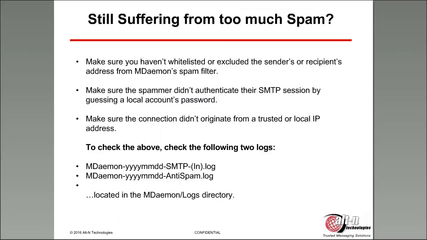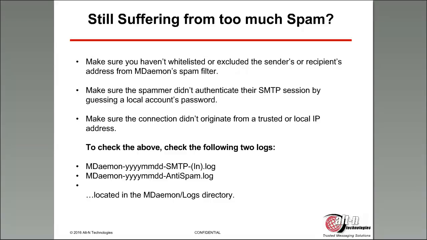And if after making the recommendations in this presentation your users are still suffering from too much spam, then you should check to make sure that you've not inadvertently whitelisted or excluded the sender's or recipient's address from MDaemon's spam filter. You should also check that the spammer didn't manage to authenticate their SMTP session by guessing a local user's account password, and that their connection did not originate from a trusted or local IP address.